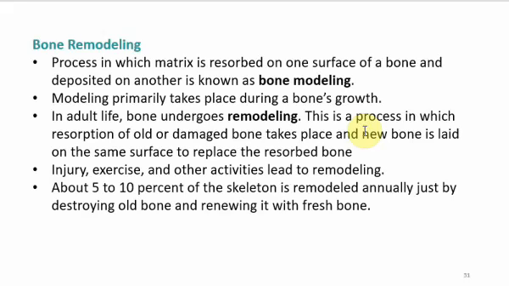Remember, remodeling occurs on the same surface. We have resorption of old bone on a bone surface, and at the same time, new bone being formed and deposited at the surface where old bone is being resorbed.